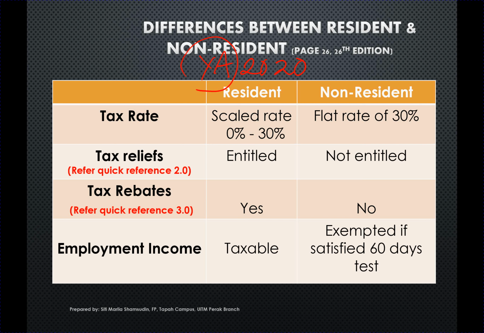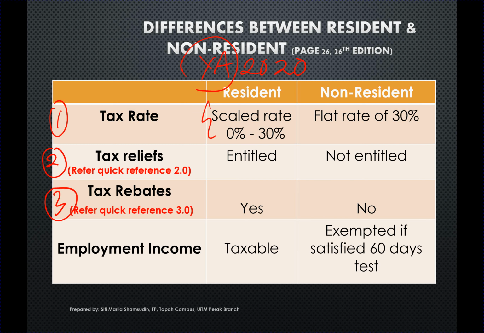Okay, this is the story. If you become a resident in Malaysia, what are you going to get? Basically, these are the advantages. There are 3 advantages altogether. I explained this last week too. The first one is that if you are a resident, you will be taxed based on a scale rate.